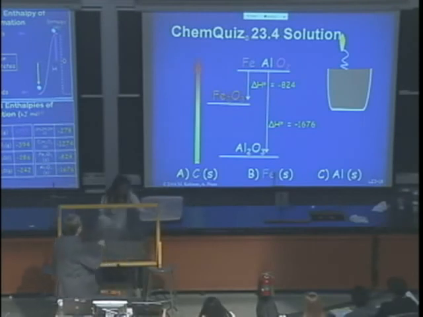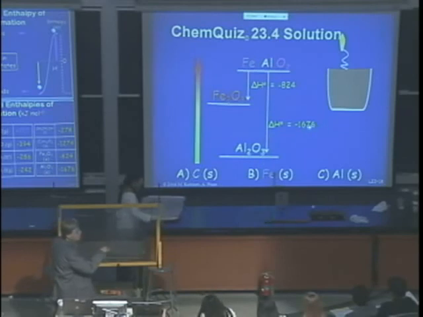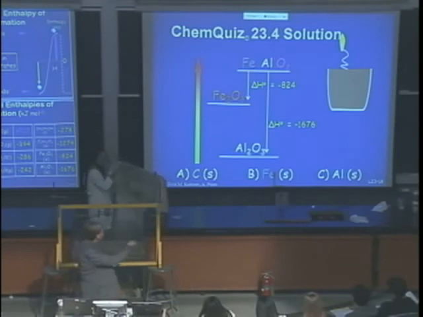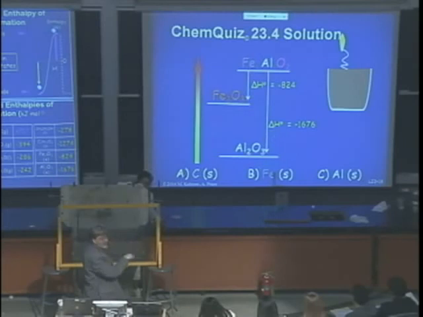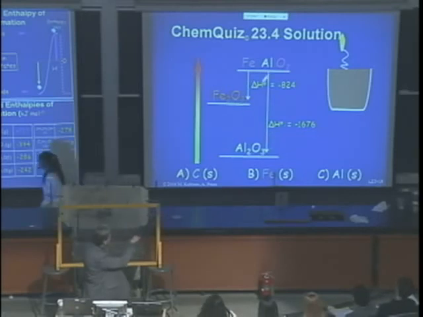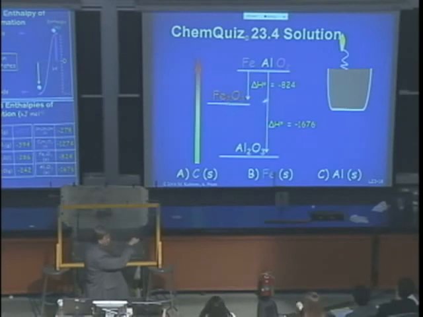But if you use aluminum and oxygen, you get minus 1,677 kilojoules per mole to make aluminum oxide. So now, this will be released if you mix aluminum with iron oxide and let them react with each other. It will make aluminum oxide, but will release this additional energy here. You see that? That's all the energy that you have available from that reaction.